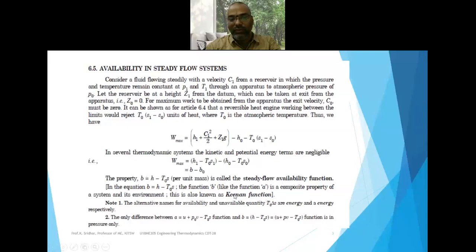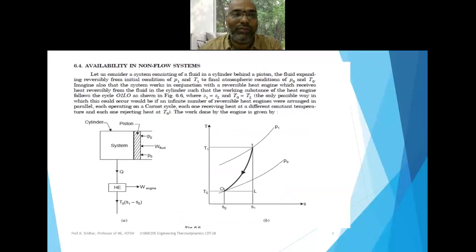The steady flow availability function and Keenan function represent the difference of enthalpy and the product of the environment temperature and entropy value. So H minus T naught into S denotes the steady flow availability function or the Keenan function. Like this we are able to derive the availability in a steady flow process.